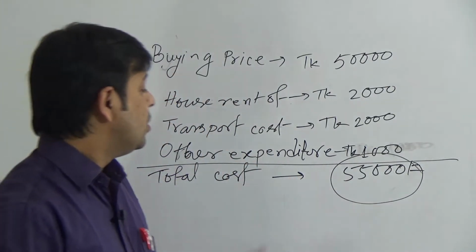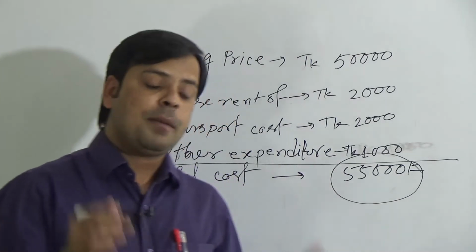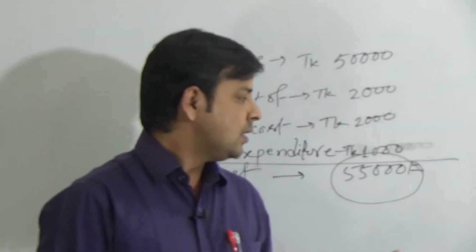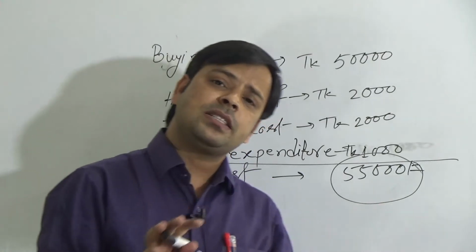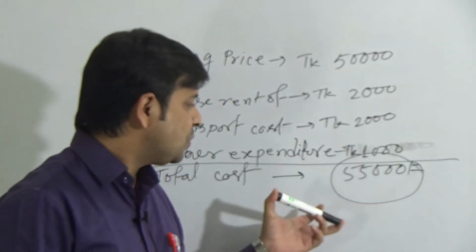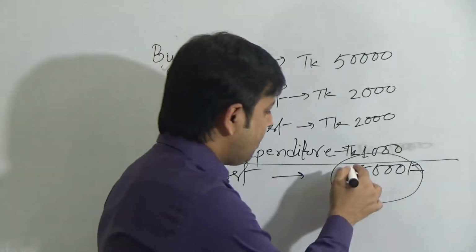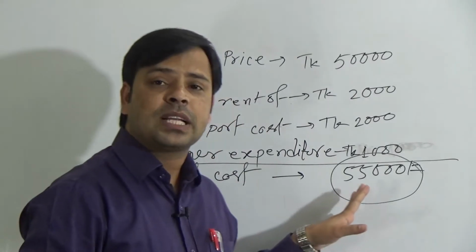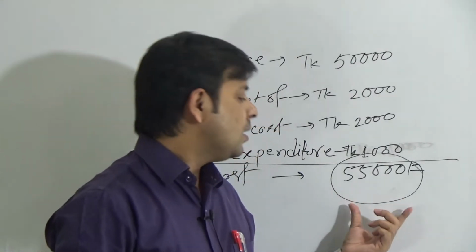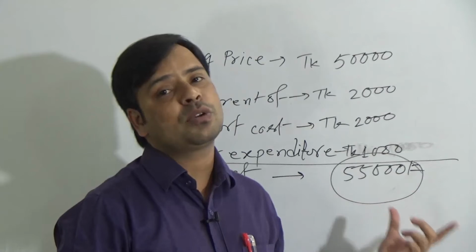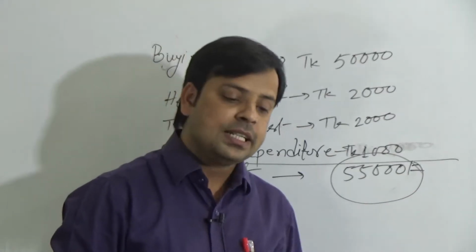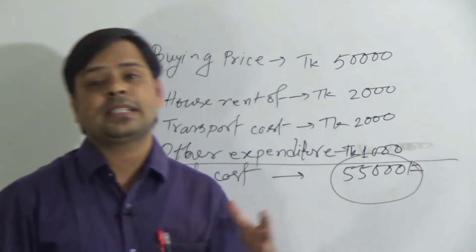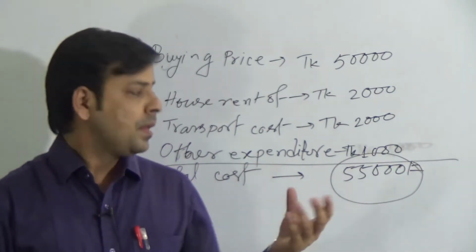So when a person wants to start a business, at first you have to know that the person has to fix his actual cost price for his commodity, so that he can sell the commodity to get some profit.